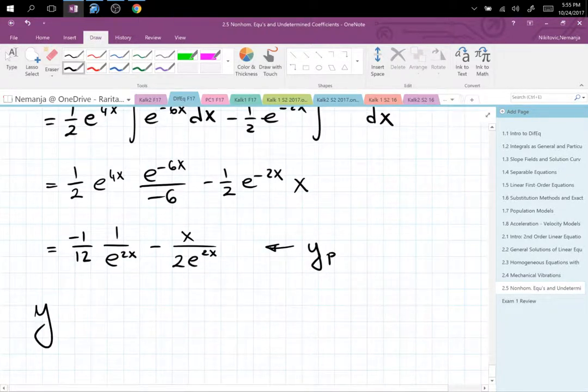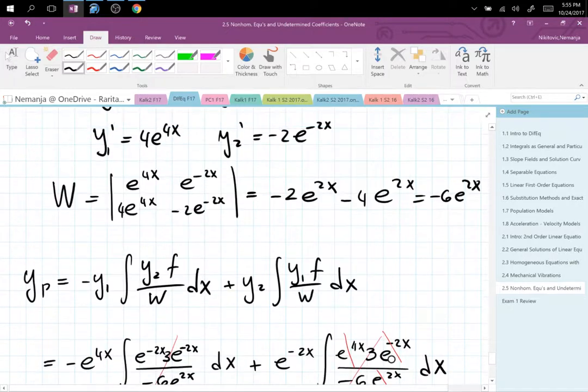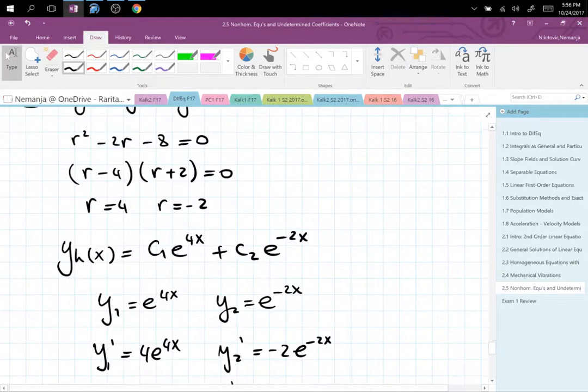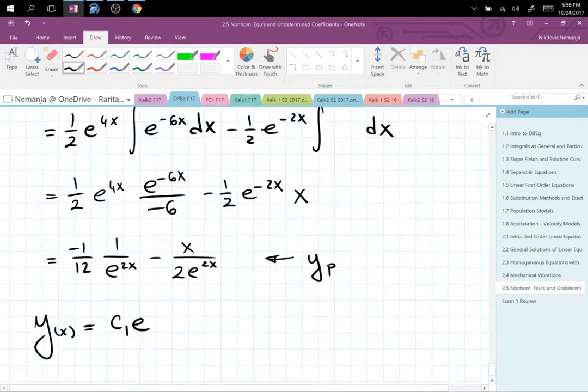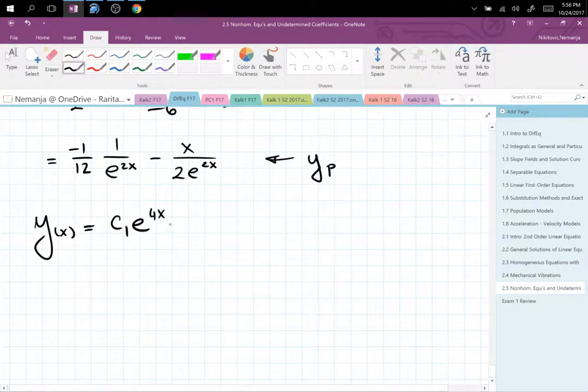The answer to our question is C1 e to the 4x, plus C2 e to the negative 2x, minus 1 over 12. I'll just put e to negative 2x because yes.